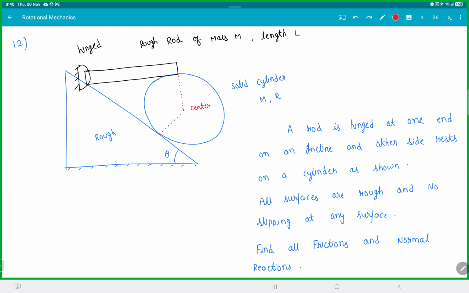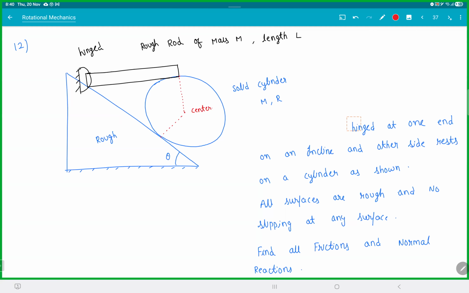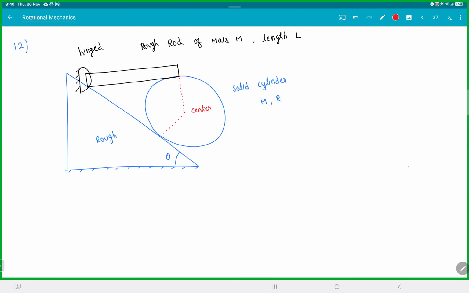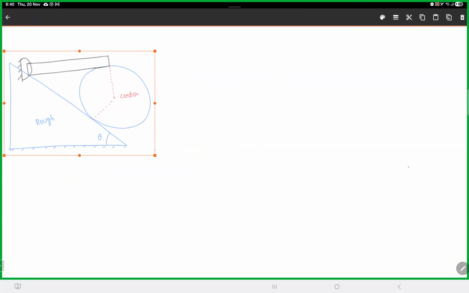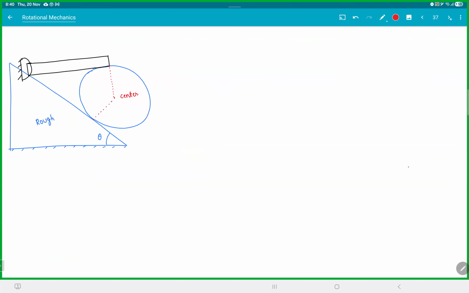Sure, let me show you the free body diagram. First, let's check whether you got the FBD right. First thing, the rod. What are the forces?